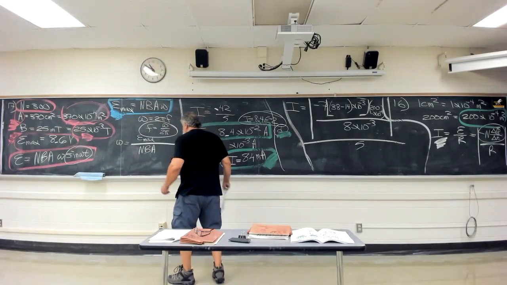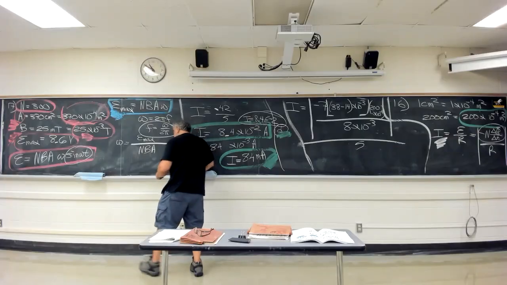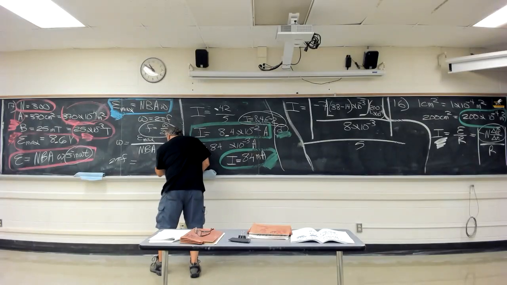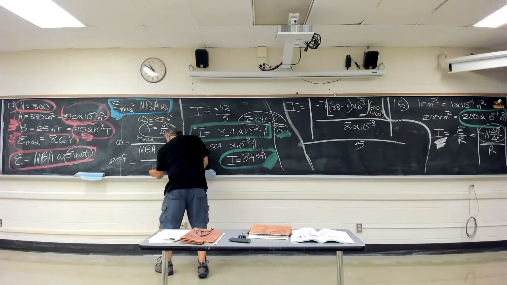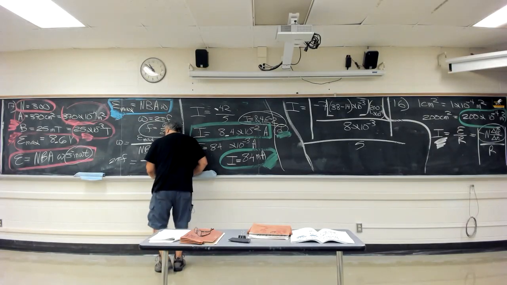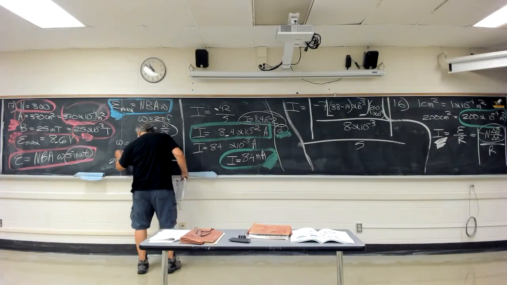Let me jump to it and see what happens. Omega is 2 pi f, so it's equal to all this that I got right here. This is slightly different than how I did it in the notes that are going to scroll for you, but that's okay too.